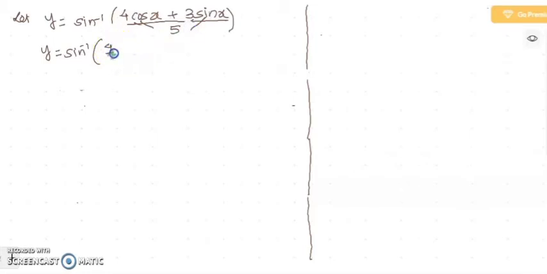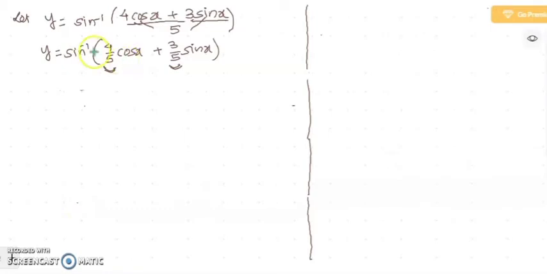So I can write it as 4 upon 5 cos x plus 3 upon 5 sin x. Now this 4 upon 5 and this 3 upon 5 are related.